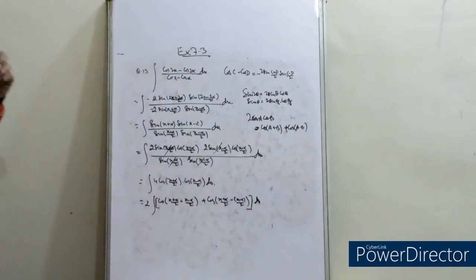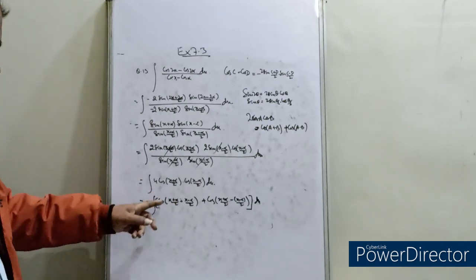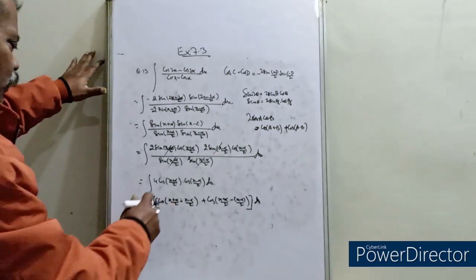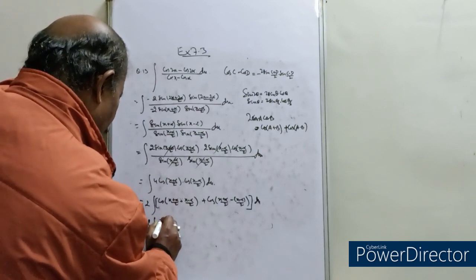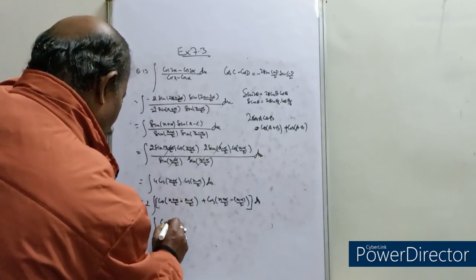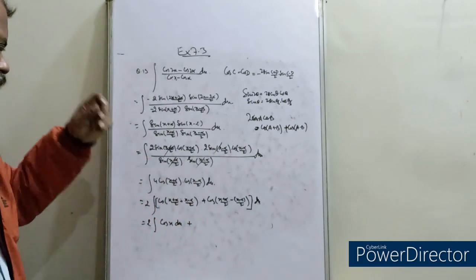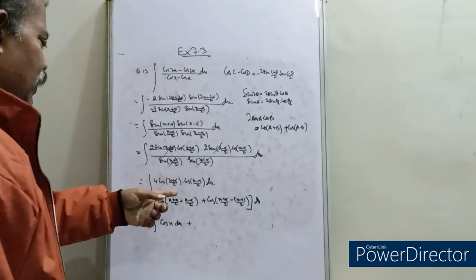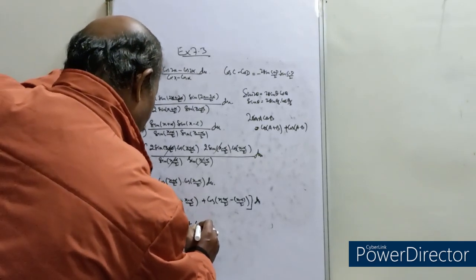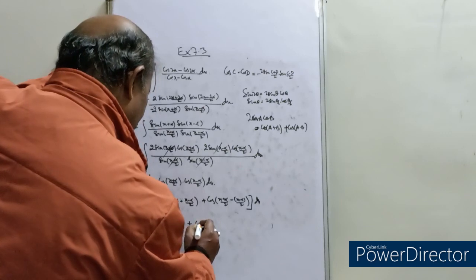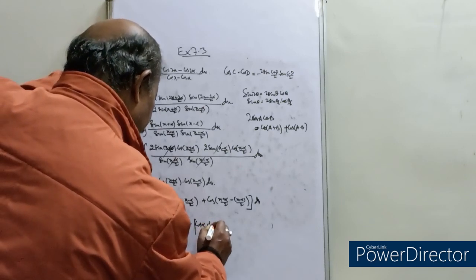Here you see alpha cancels out, 2x by 2, so only cos x remains. So this is 2 times the integration of cos x dx, plus here x cancels out, 2 alpha by 2, only cos alpha remains, and the integration dx.